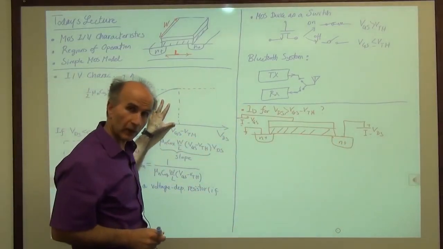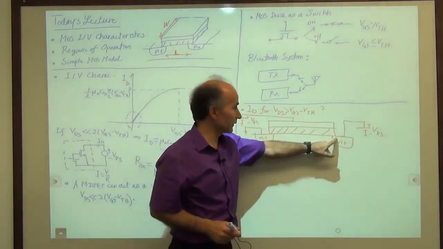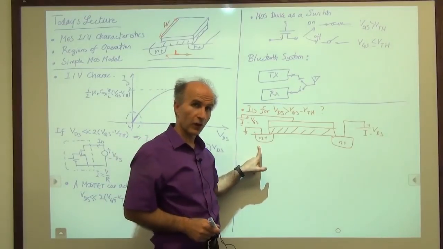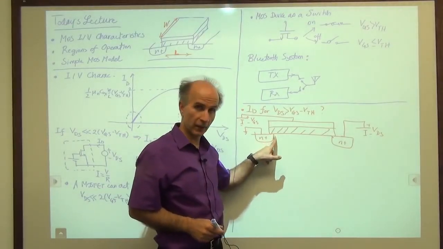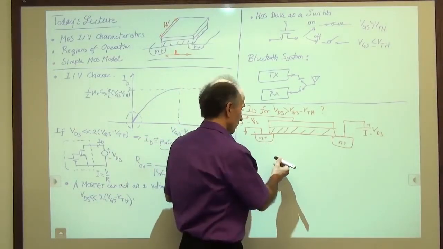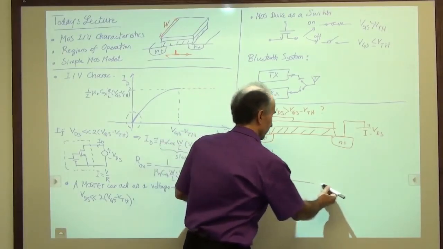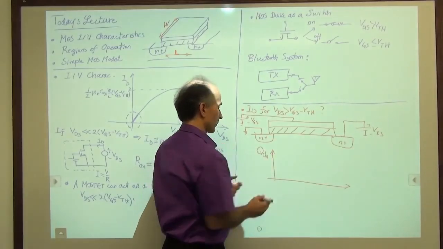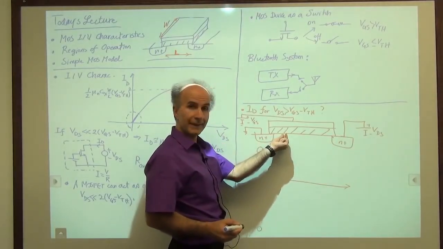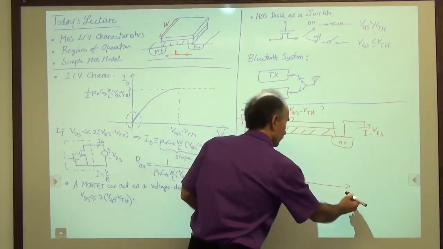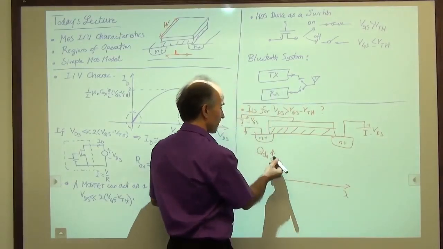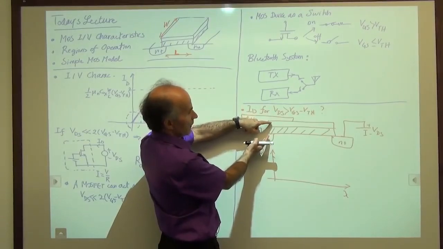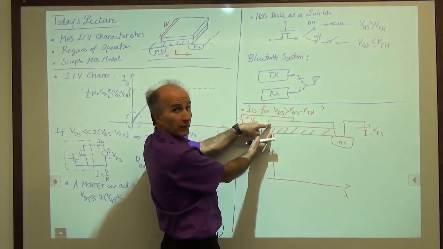So last time we saw that because the drain voltage is not equal to the source voltage, the charge density in the channel is variable. So when we plotted it just very roughly, we said that the charge in the channel, meaning the number of electrons in one little sliver here, as a function of x, starts from maximum because we have the largest voltage difference between this plate and this plate over here.